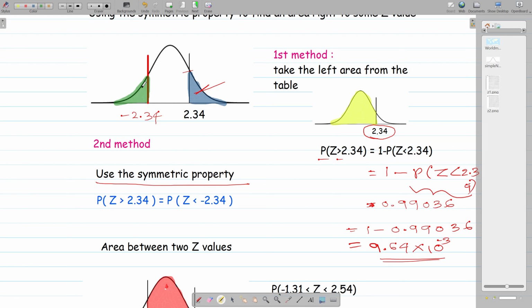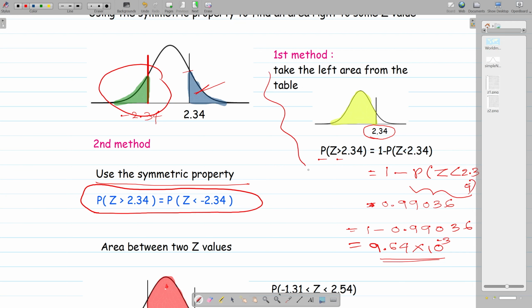How can we write that? The probability z greater than 2.34 is equal to the probability z less than minus 2.34. You know that we can just get this from the Z table. Doing it the other way is also correct.